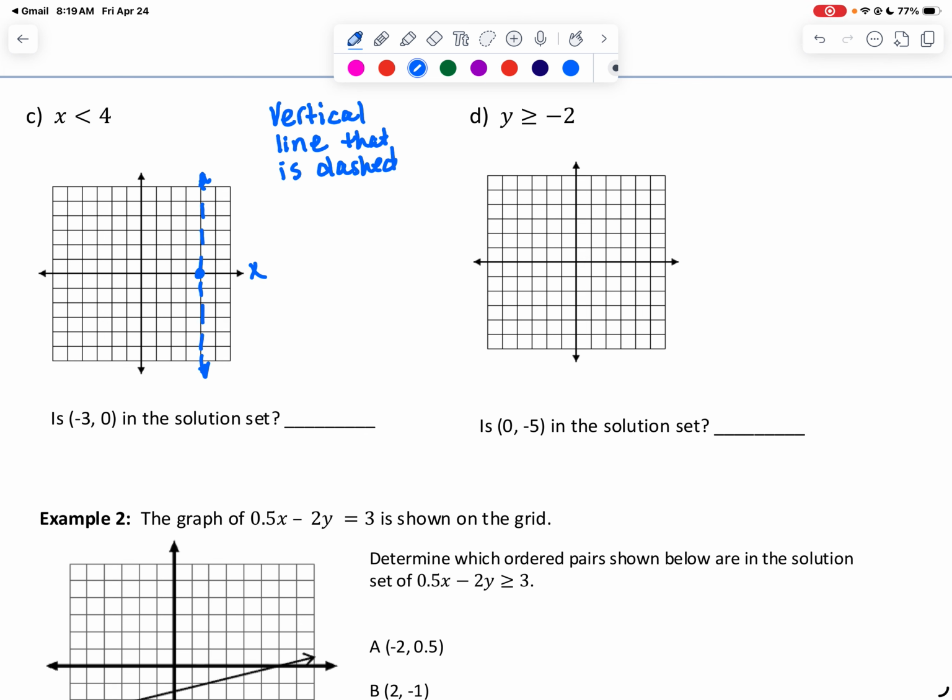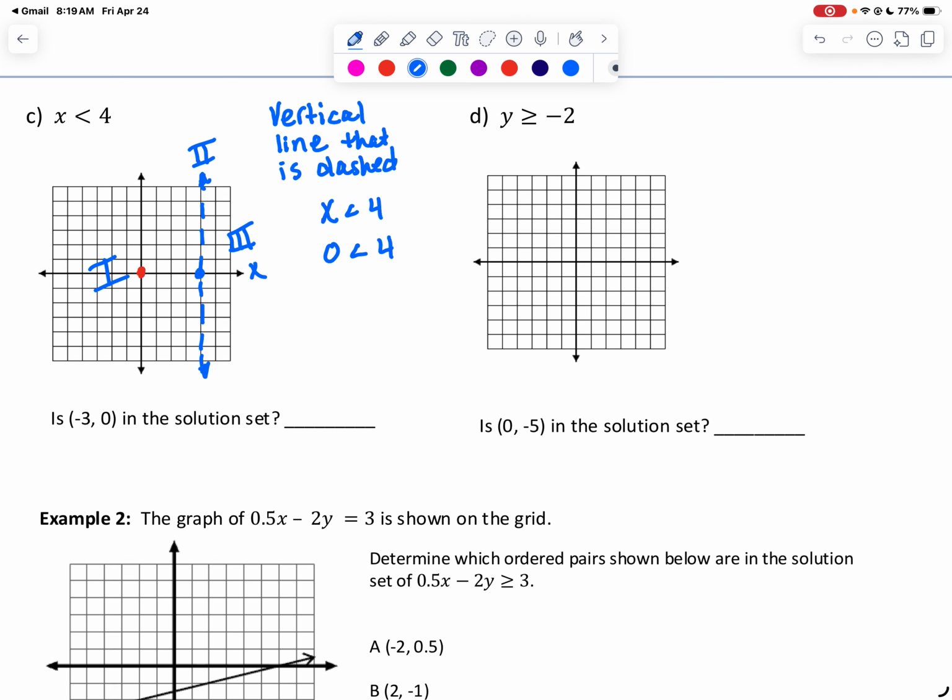All right. Now let's label our regions. We have everything to the left of the line, everything on the line, and everything to the right of the line. So I need to test one point to see where I should shade. So again, I'm going to test good old faithful 0, 0. So I'm plugging in to this inequality. For x, I'll plug in a 0, and I'll ask myself, is this true or false?